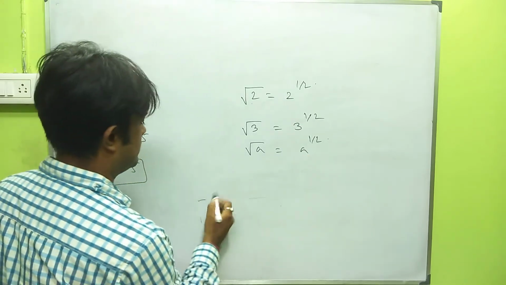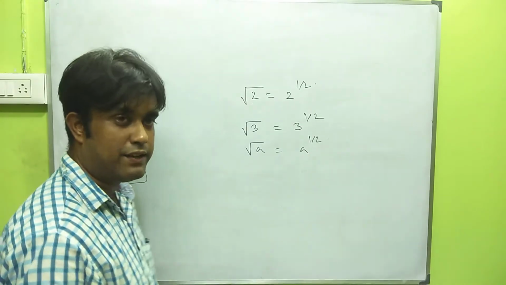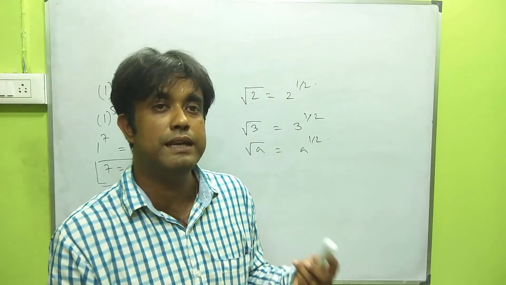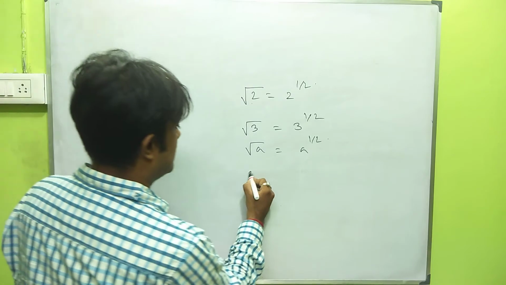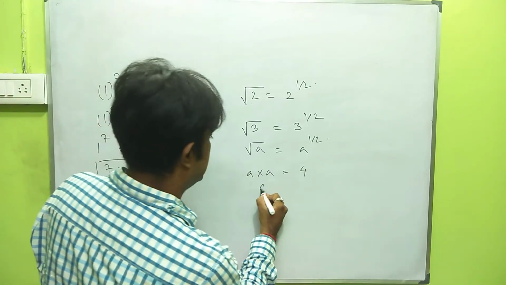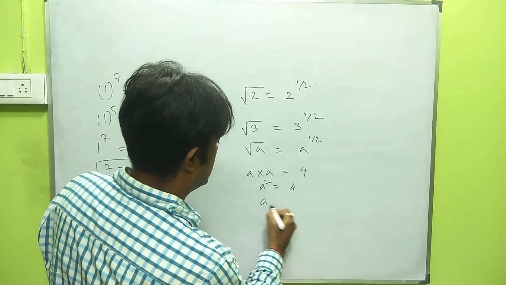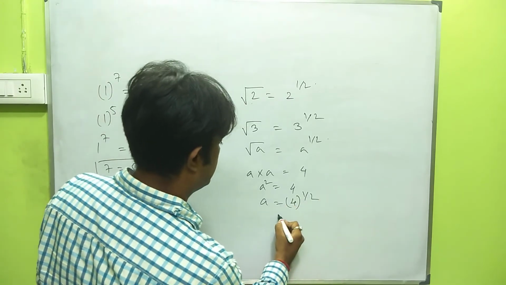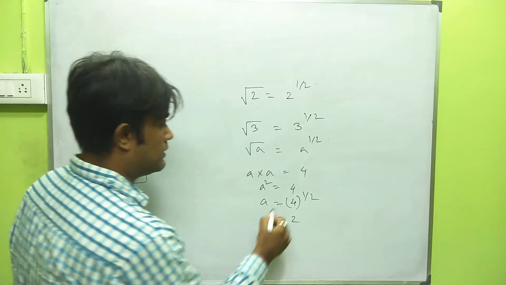So if you have to find square root of a, what do you mean by the square root of a? Suppose a into a is equal to 4. That is, a square is equal to 4. A is equal to 4 to the power half. That is 2.